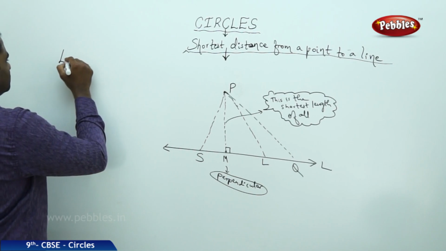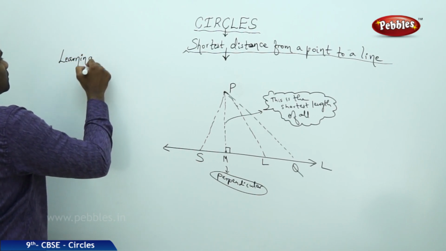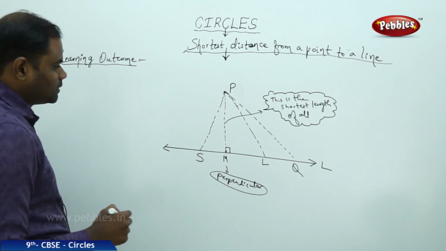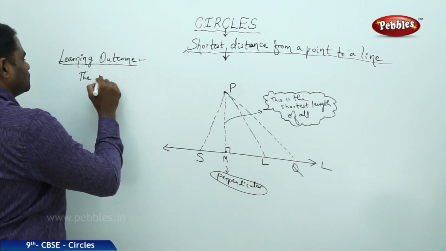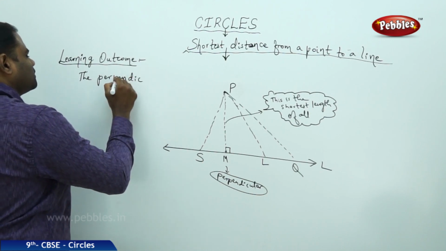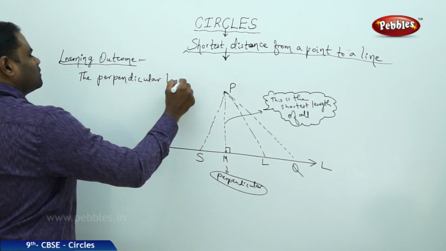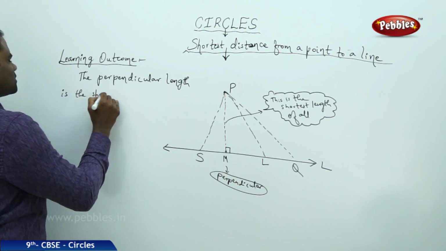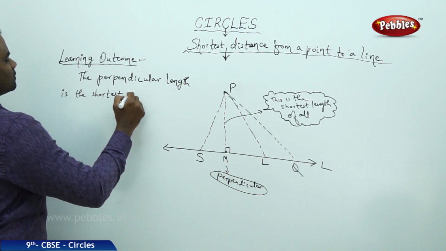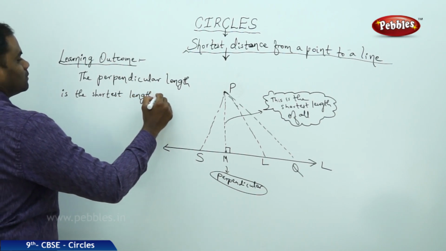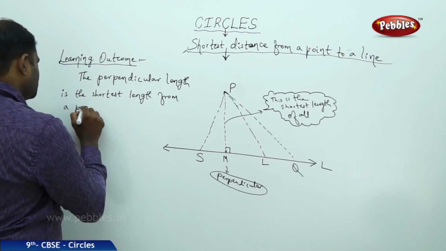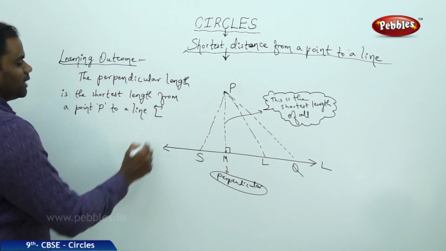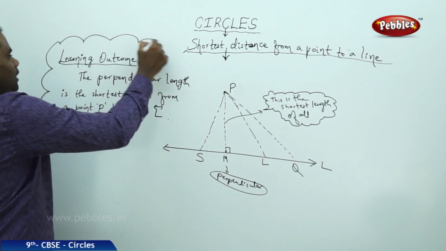So my learning outcome in this case is that the length of the perpendicular is the shortest length from a point P to a line L.